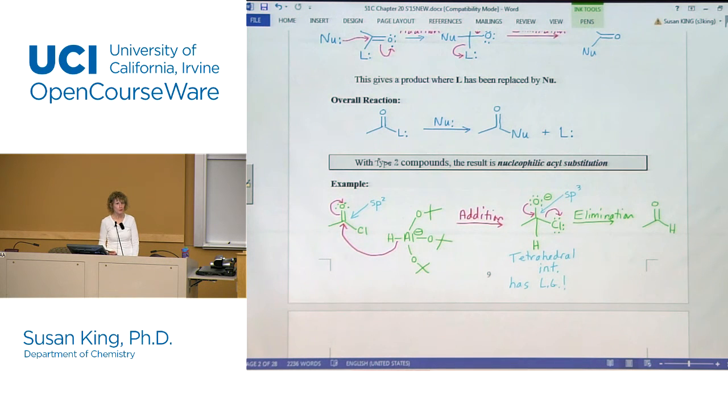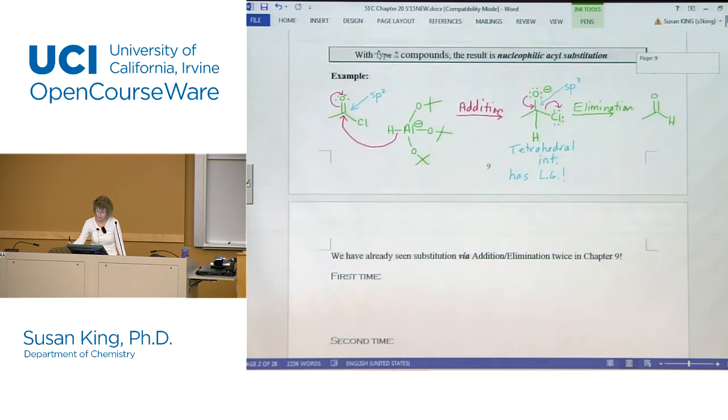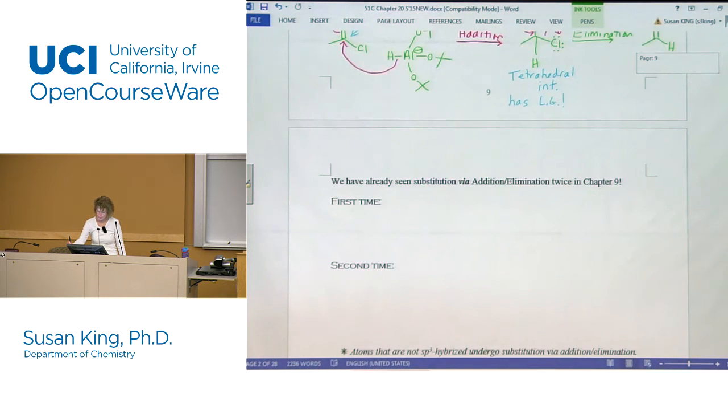Now, depending on who you had last quarter, this reaction, this addition elimination, is going to look very familiar to you. We've already seen this type of substitution via addition elimination twice in chapter 9, way back at the beginning of 51B. Here's the first time.